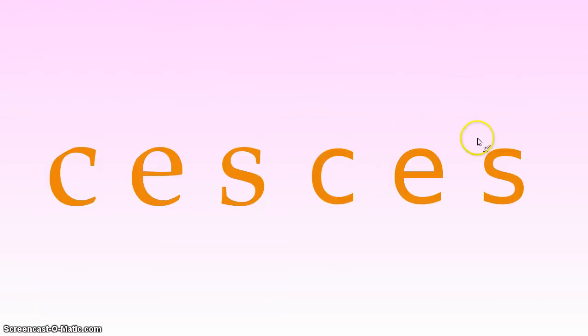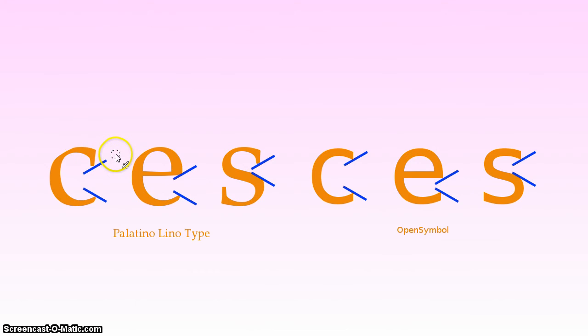And the third one, aperture. Again, I have these two different fonts, Palatino Linotype and Open Symbol. Apertures are the angles of these letters. They have spaces. You can see that C has a big one, E has a little bit, and S has only a little bit of space.